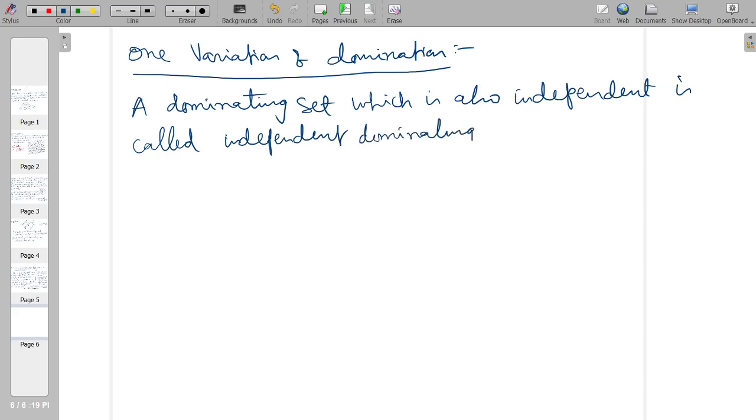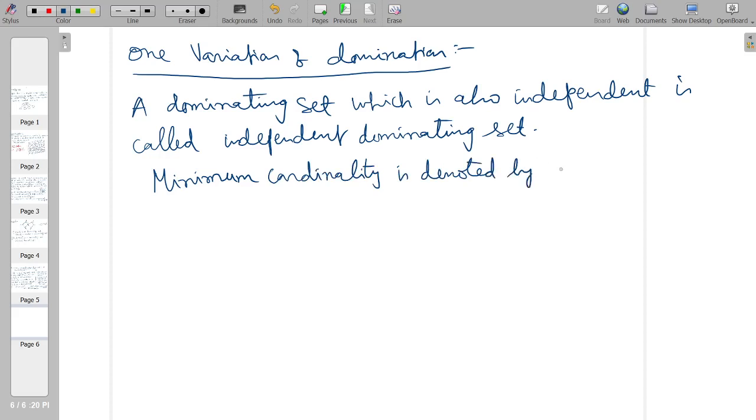Its minimum cardinality is denoted by i(G). Okay, now let us return to the Queen's dominating problem.